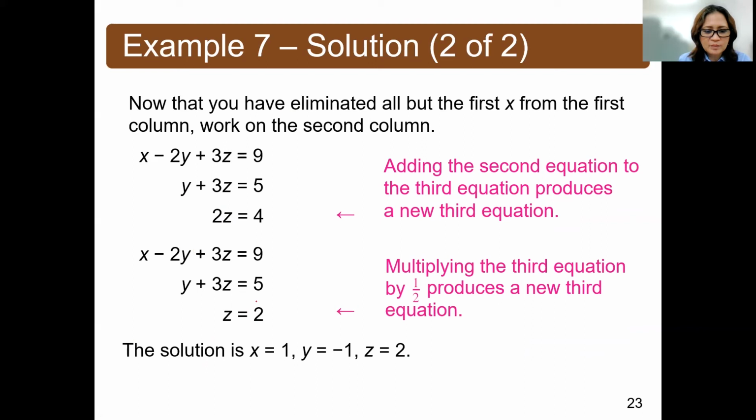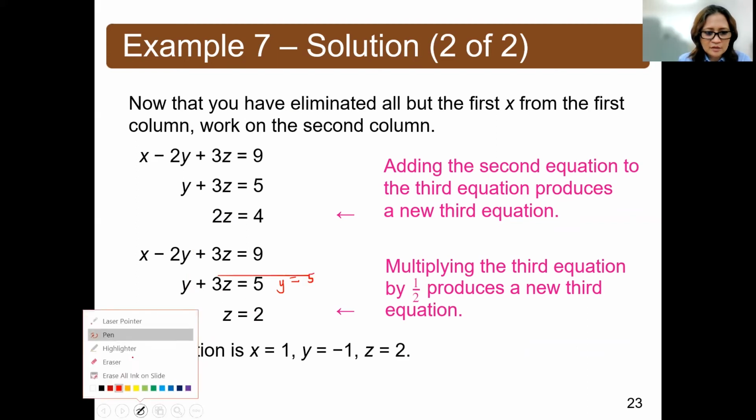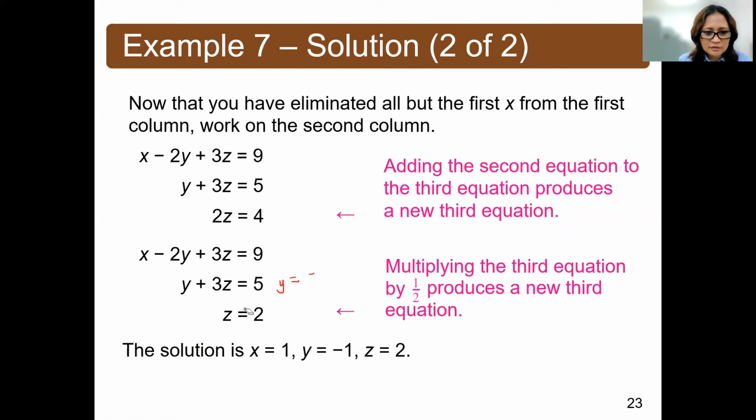By applying back substitution, we can solve for y. y is equivalent to 5 minus 3z, and z is equivalent to 2, so y is equivalent to negative 1. Then by applying back substitution, we can solve for x.